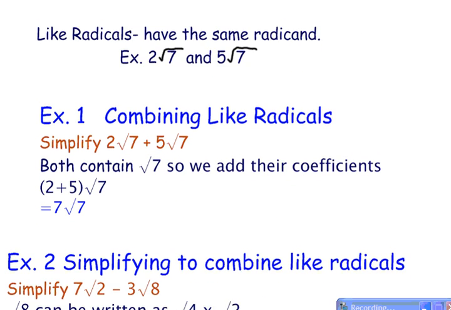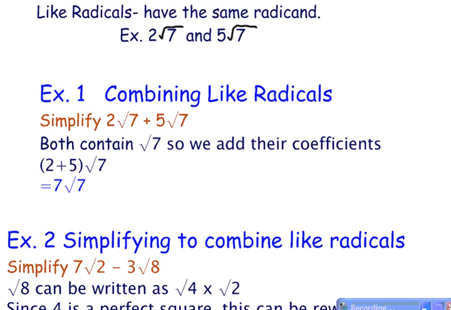In example 1, we're going to look at combining like radicals. Simplify 2 square root of 7 plus 5 square root of 7. Since both contain square root of 7, we are going to add their coefficients, which are the 2 and the 5.